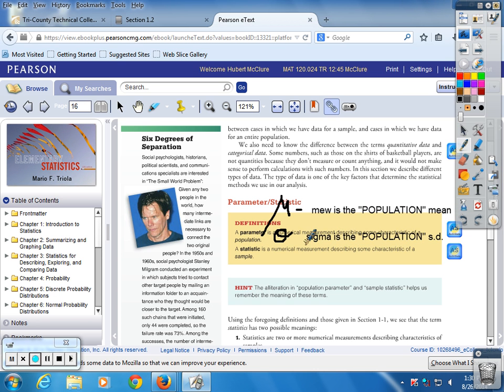Excuse me. Parameters are always Greek letters. Write that down. They're always Greek letters.